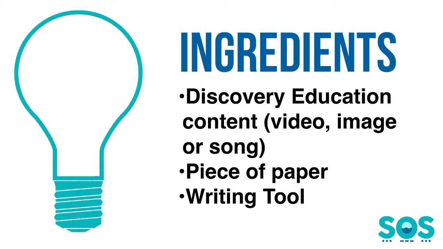To use this strategy, you will need to find Discovery Education content that explains your topic or concept. This can be a video segment, an image, or even a song. You will also need a piece of paper and a writing tool.